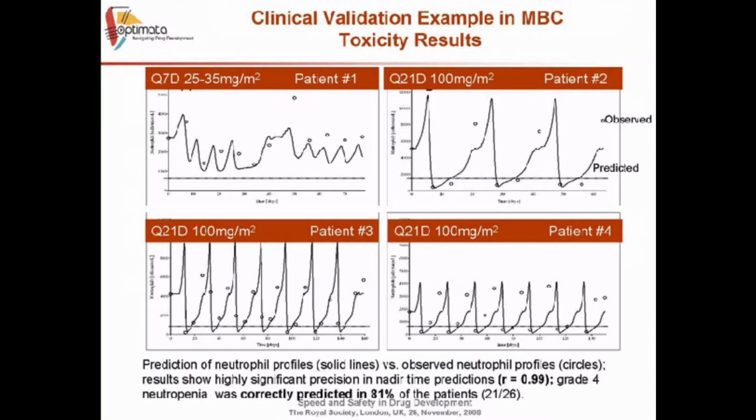And just to underline it, the point is that our precision in predicting the timing of the nadir has a correlation coefficient of 0.99, and our precision in predicting grade 3 or 4 neutropenia was 81% of the patients.